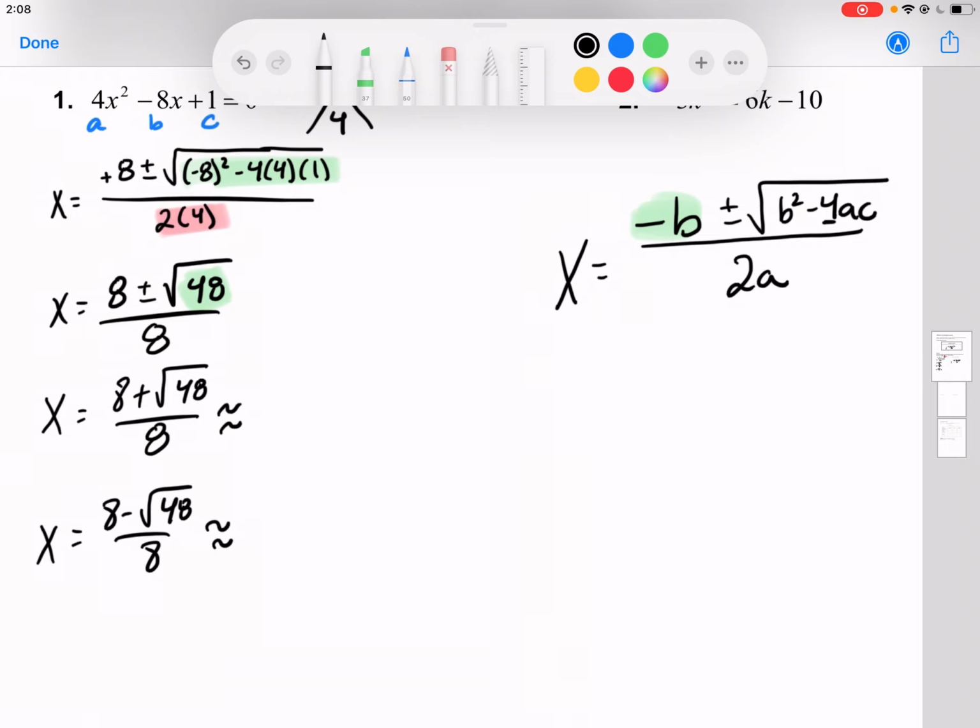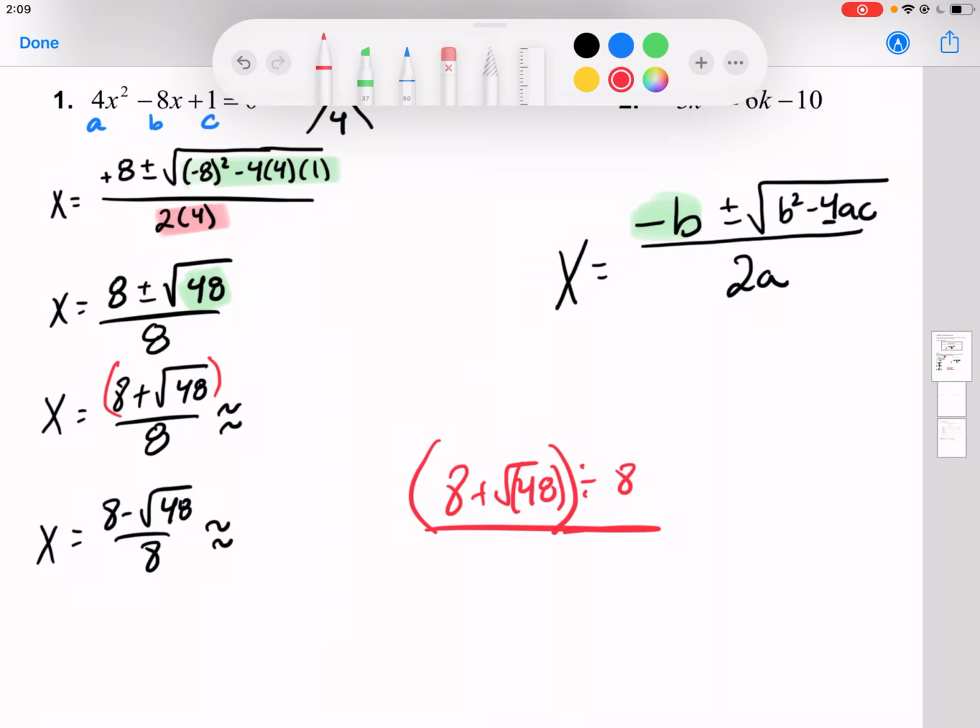Some calculators, you just have to be aware that you're going to have to put the top in parentheses. So if you have to write it out like this, where it's 8 plus square root of 48 divided by 8, so it's horizontal like so, put that all in parentheses. Okay. In fact, there will be a little double parenthesis because they'll usually have it written like this. So hardest part is typing it in correctly, so let's make sure we do that.